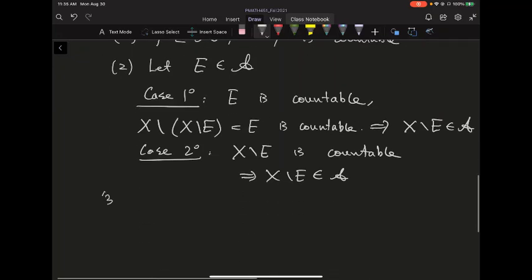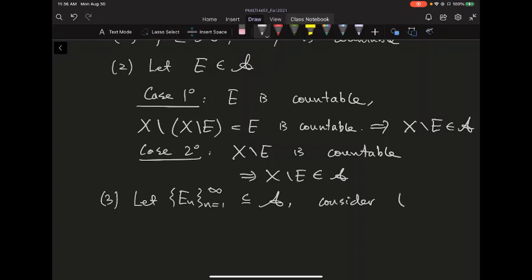And lastly, I want to show the third property, which is closed under countable union. Let E_n, n going from 1 to infinity, be a sequence of elements in A. They are all subsets, and we want to consider their union of E_n, n going from 1 to infinity.